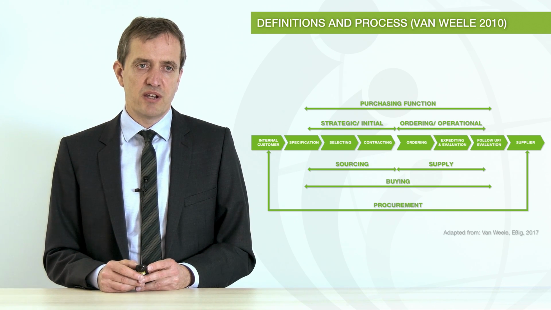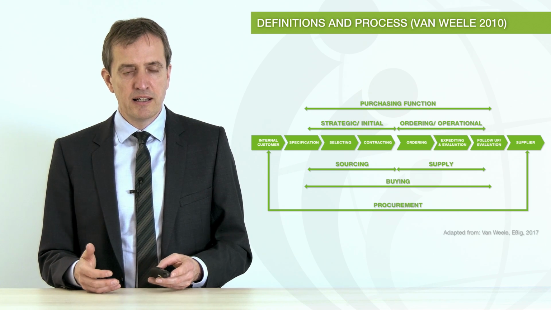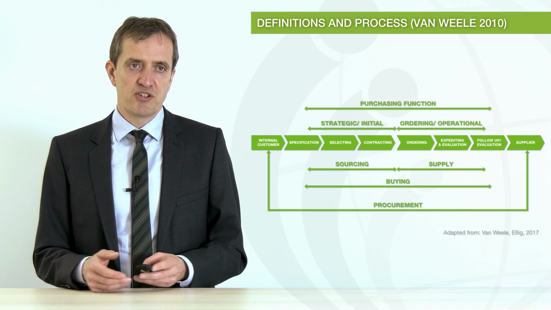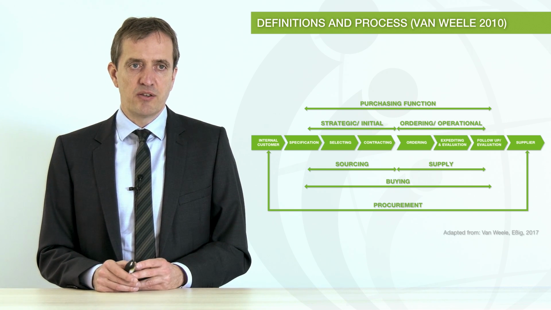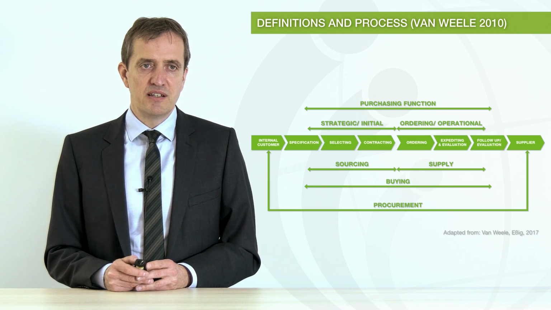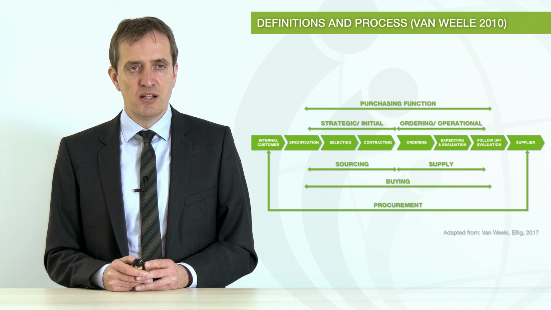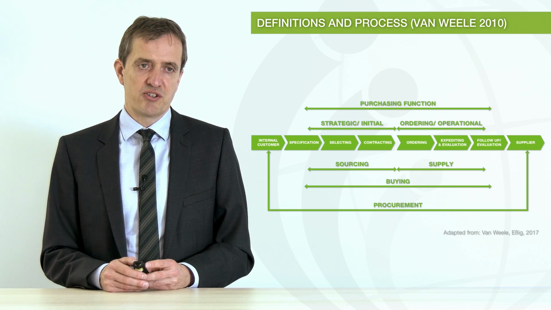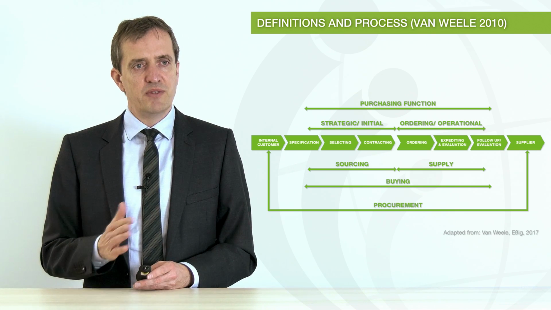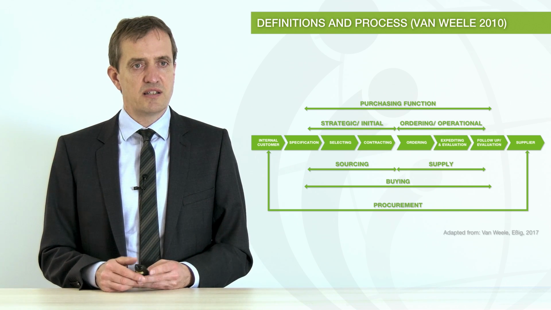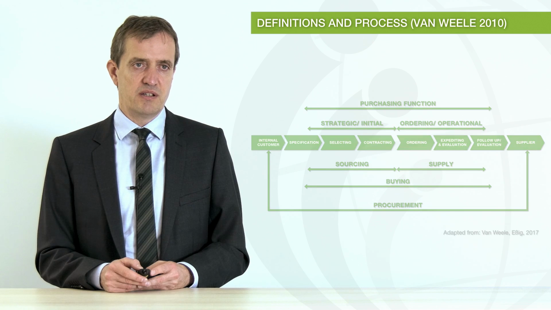Sourcing and supply together make the buying activities or are element of the purchasing function itself. The sourcing activity is more a strategic one. The supply activities are more operational related and stand for the ordering aspects of the purchasing function. The whole process from the internal customer to the supplier is comprising the procurement activities.